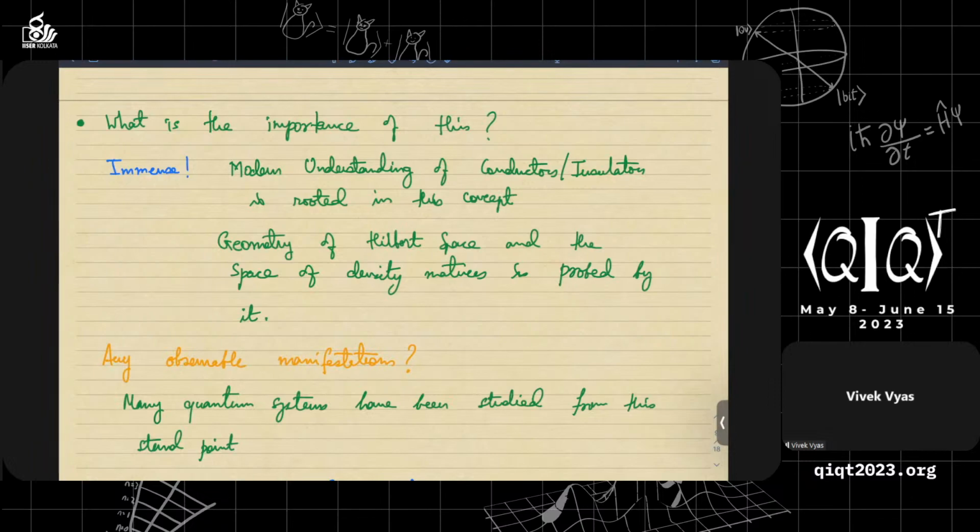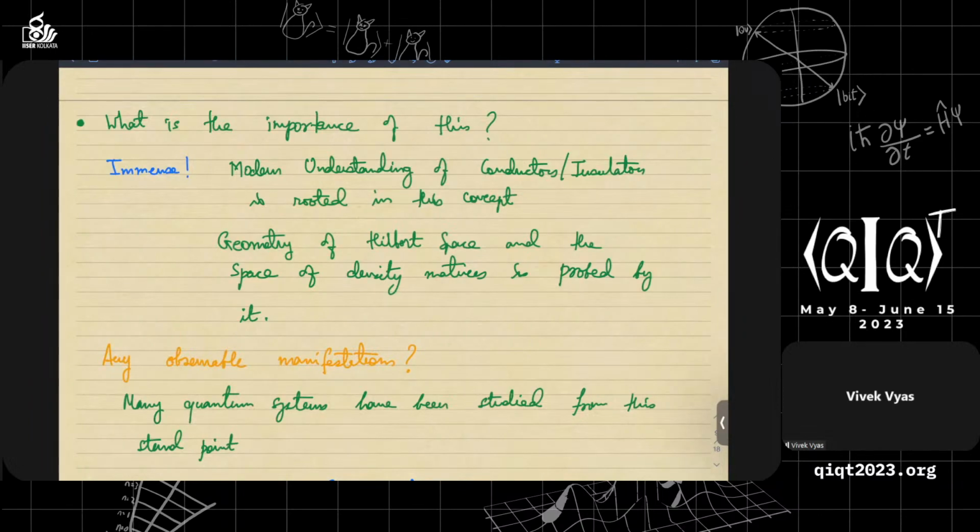using these geometrical ideas. So the idea is that instead of using observables or effects due to observables, you try and understand the geometry of the underlying Hilbert space, because that's very basic.